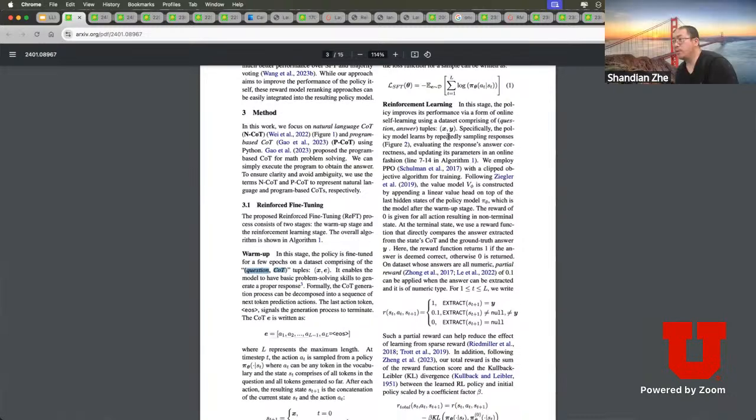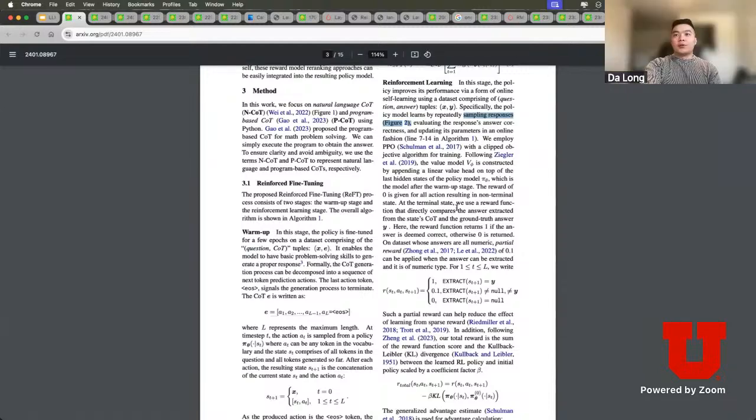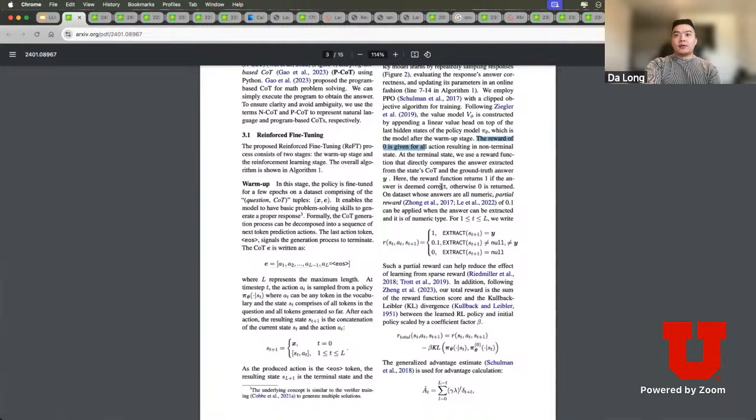Online self-learning using a dataset comprising question answer tuples. Yeah, they still use PPO, right? Yeah, PPO. And here the reward is 0 if the answer is in a non-terminal state. It means maybe the model doesn't give you an answer, and then the reward is 0.